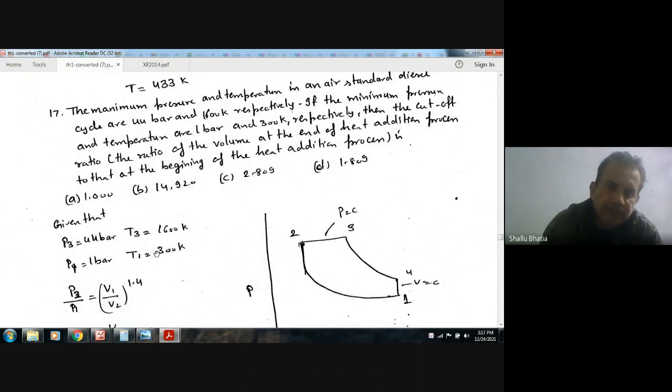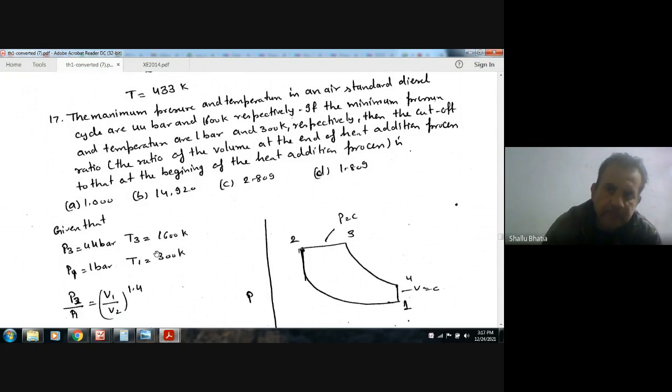The maximum pressure and temperature in an air standard diesel cycle are 44 bar and 1600 Kelvin respectively.